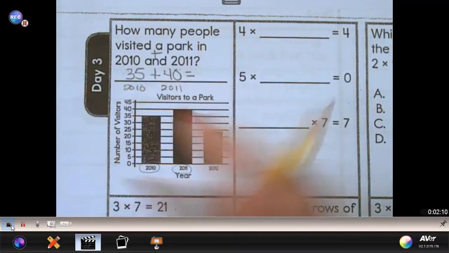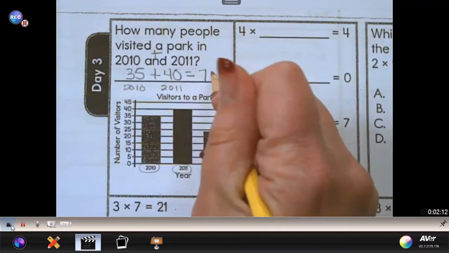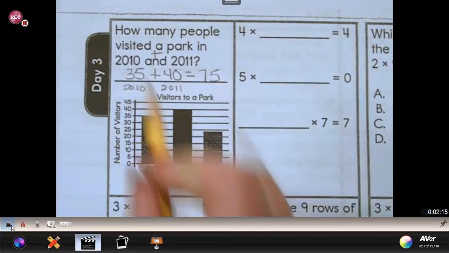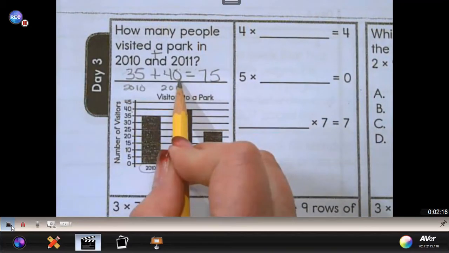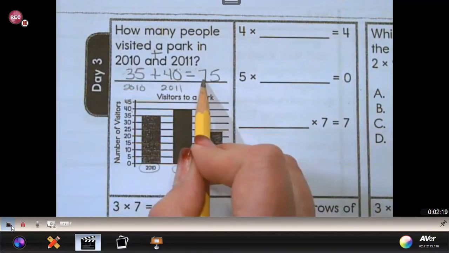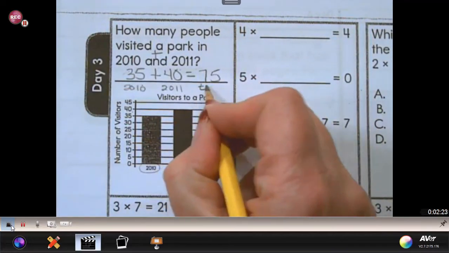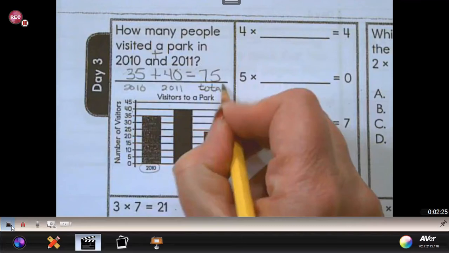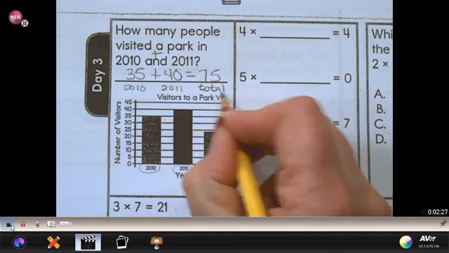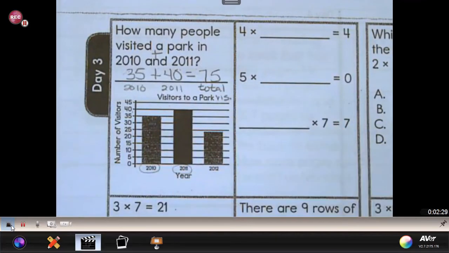And of course, 5 and 0 is going to make 75 at this point in time because we don't have any ones here to add. So there are 75 visitors for the total of 2010 and 2011. I'm just going to put VIS there for visitors as abbreviation.